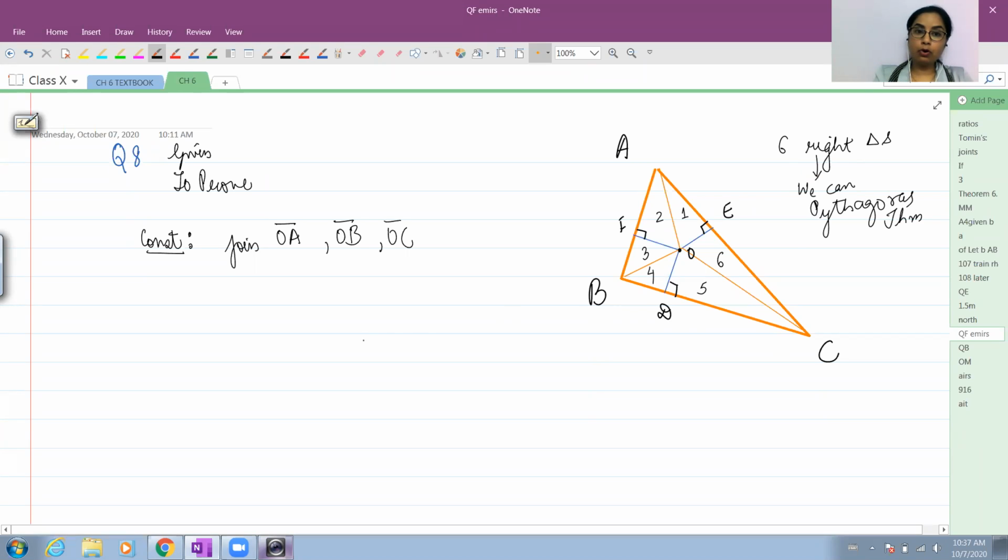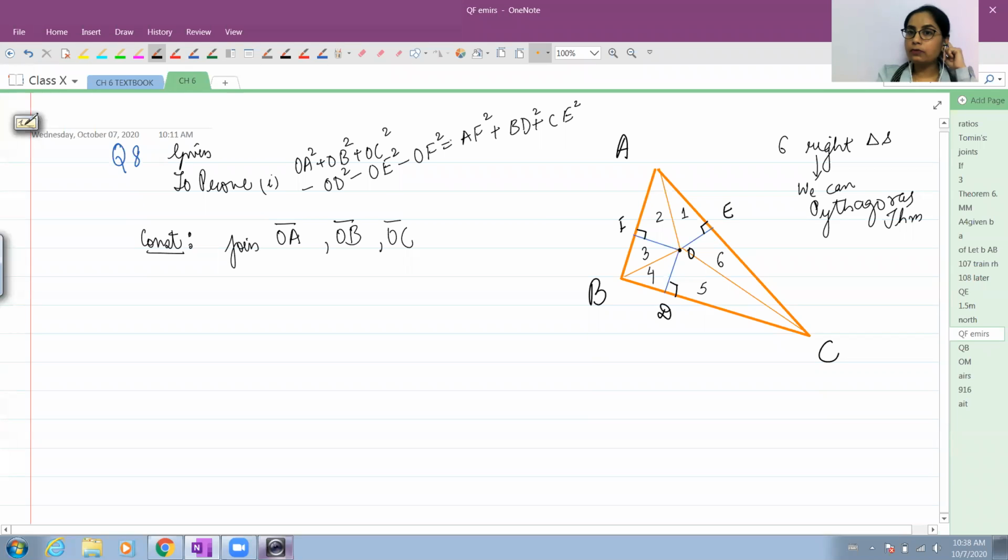Now, depending on what result I require, I will be choosing the triangles very carefully. So I would like you to look at the first result that you have. You've got OA square plus OB square plus OC square minus OD square minus OE square minus OF square equals AF square plus BD square plus CE square.